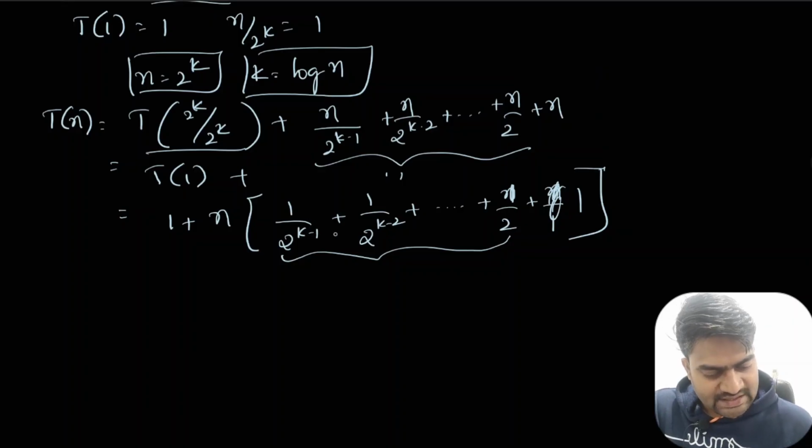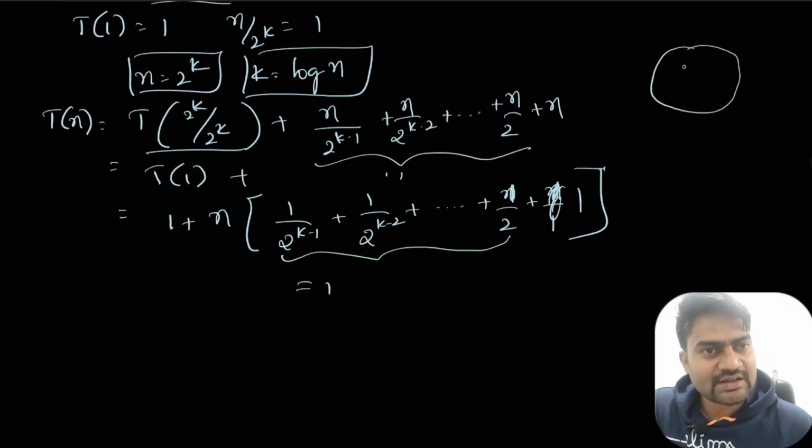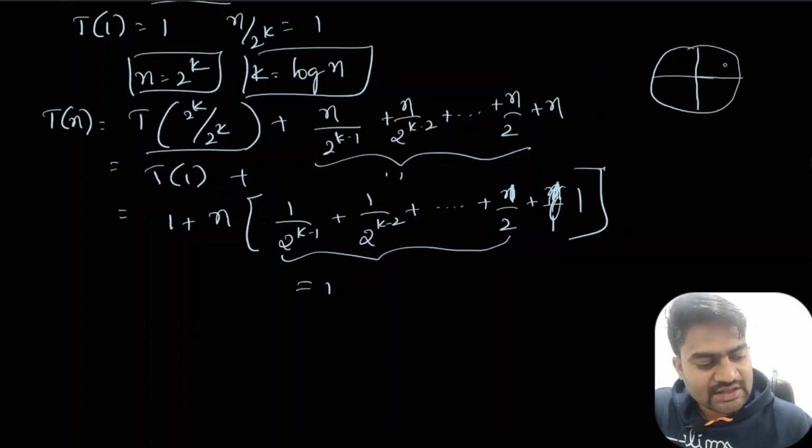So here if you see, this term will be equivalent to 1 because it is like there is one circle. First I will divide it by half, then I will make it 1/4, then this is 1/2, this becomes 1/4.